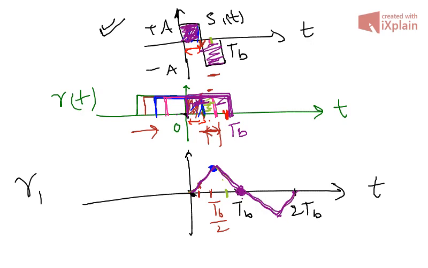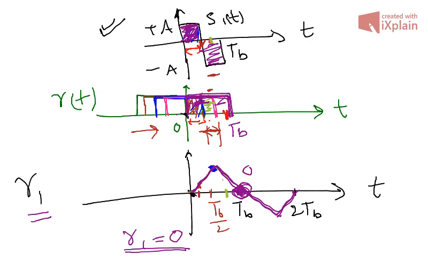So at instant Tb, in the absence of noise, you can see this value is 0. So your R1 is actually 0 at instant Tb, in the absence of noise.